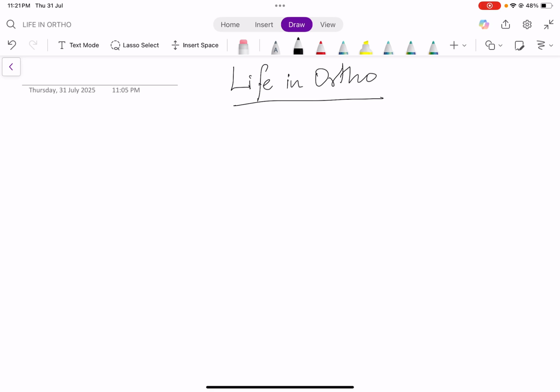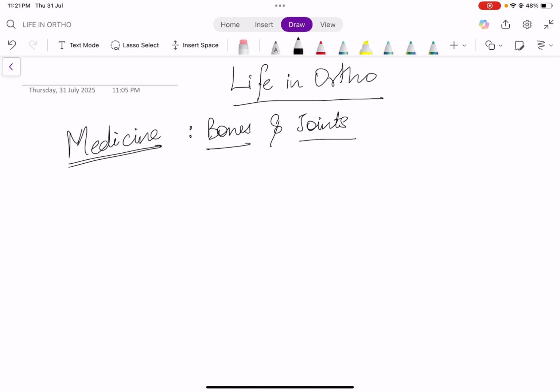So, orthopedics. What is orthopedics? Orthopedics is a branch of medicine which was subdivided long back, and this is a branch dealing with the bones and joints. So the basic funda is: what is a bone, what is a joint?